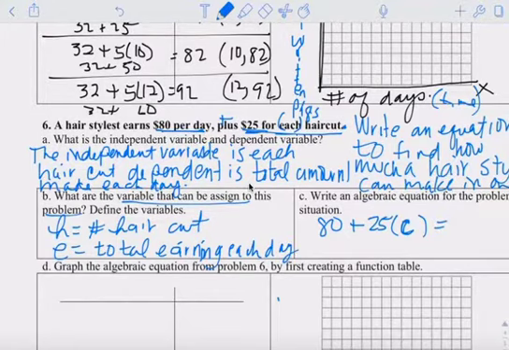The number of haircuts is the independent variable. That's the X, the input, how much hair you cut. The output is the money you made, the total earning. That's the dependent variable.